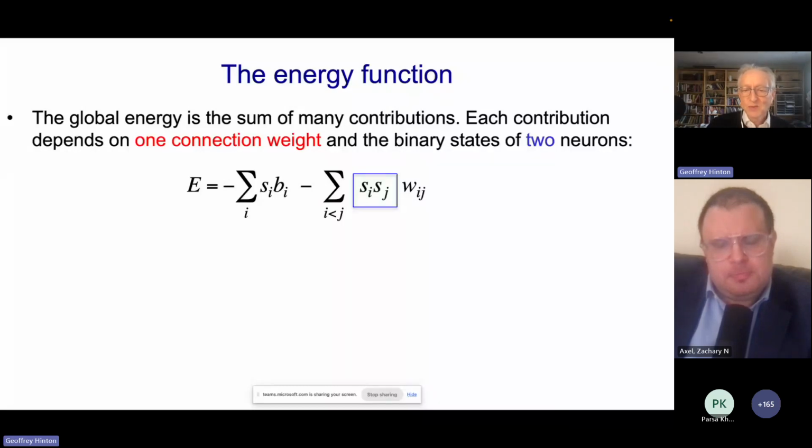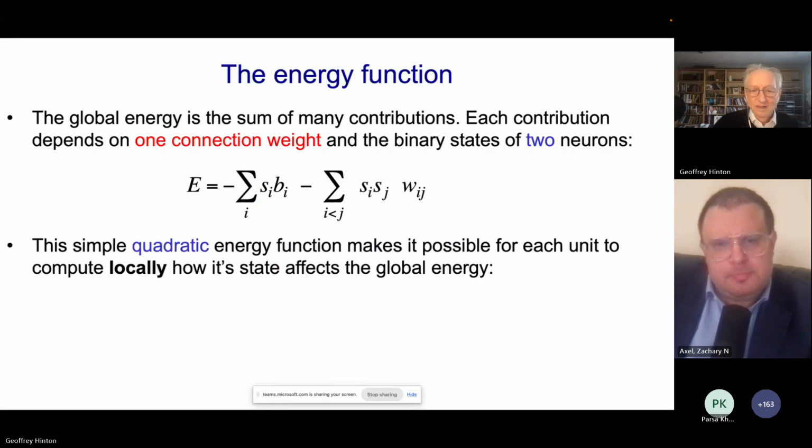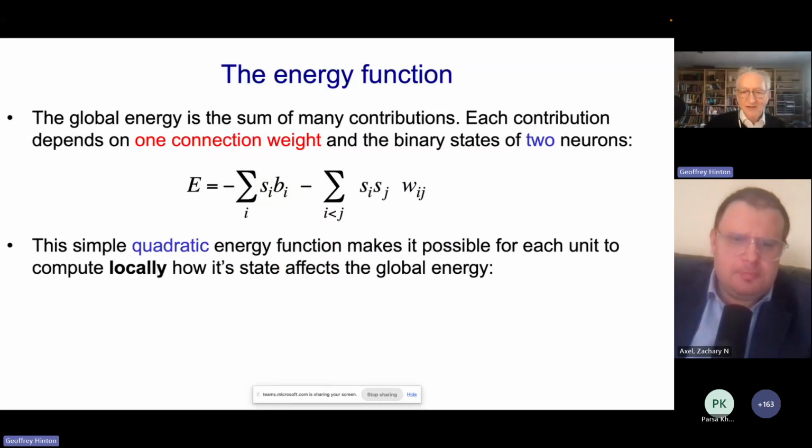So a good state is one with lots of pairs of units on that have big positive weights between them. And we're ignoring the bias term for now.